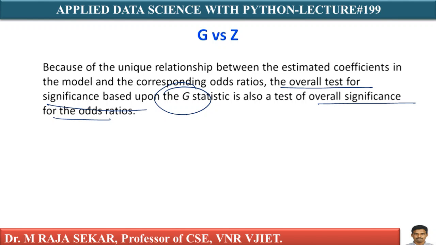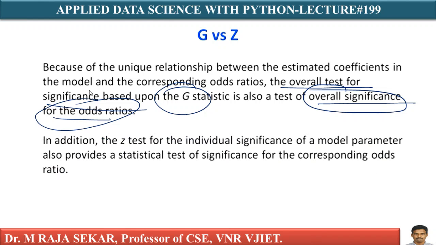We already discussed that the G statistic is useful to test the overall significance of the model. In a similar manner, it is used to test the overall significance of the odds ratio. But the Z test or Wald test is for the individual significance of the corresponding odds ratio.